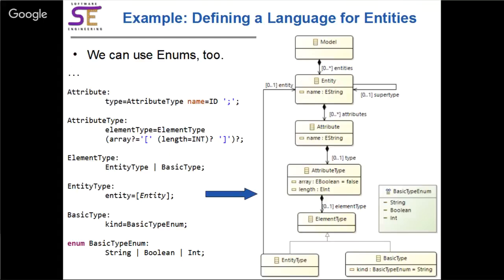So when we look at the corresponding Ecore meta model, we will see here now that the basic type enum, the kind is of a basic type enum, which contains strings, but the enum defines what kind of, no, I think this is saying that string is sort of the default, and the enum values are here shown as string, Boolean, or int.